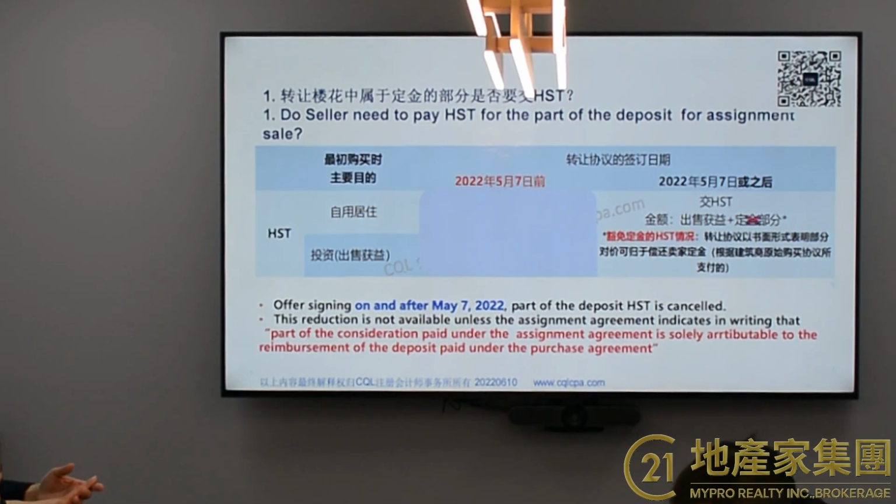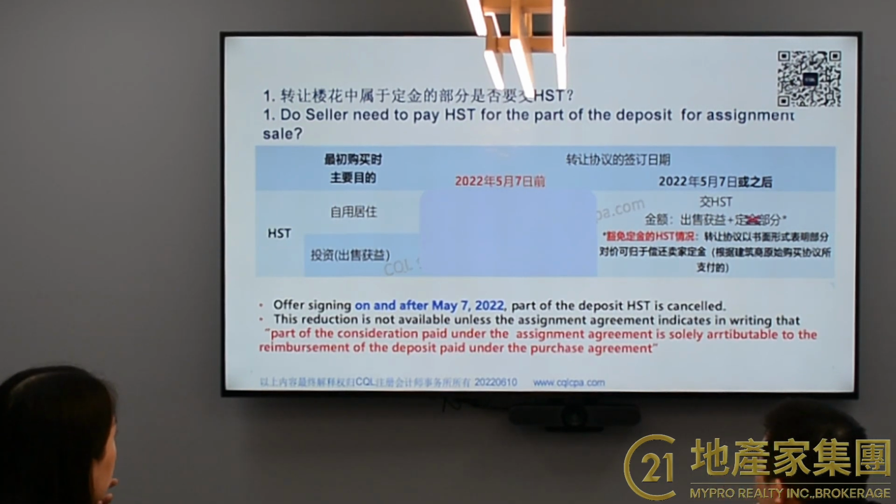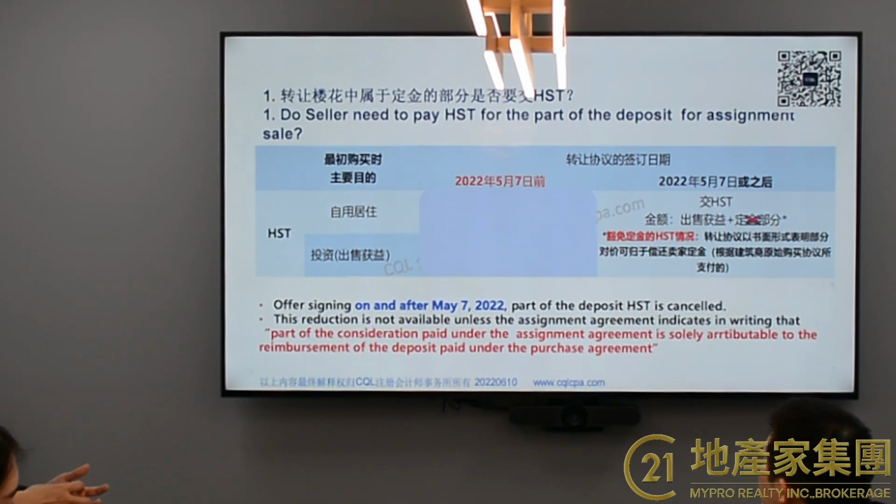First is the deposit, because the builder will not return the deposit to the first buyer. So the first buyer's deposit will be paid by the second buyer, which means the seller receives money regarding the deposit from the buyer. For this deposit part, HST is no longer charged. Only the price difference is charged HST.